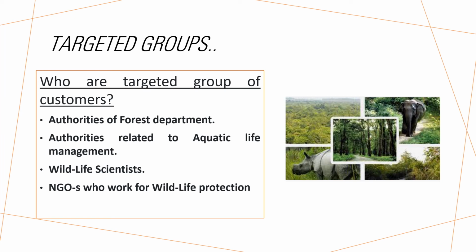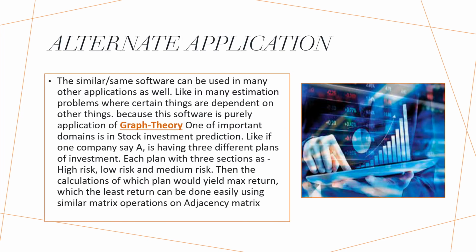It can also be related to aquatic life management, for those who take care of aquatic life. It is useful for wildlife scientists who study this and get updates of which animals are there in a particular year, their number, and also for the NGOs who work for wildlife protection, because nowadays wildlife protection is a very big problem in our country. So this website or application might be very useful for the NGOs who protect wildlife.